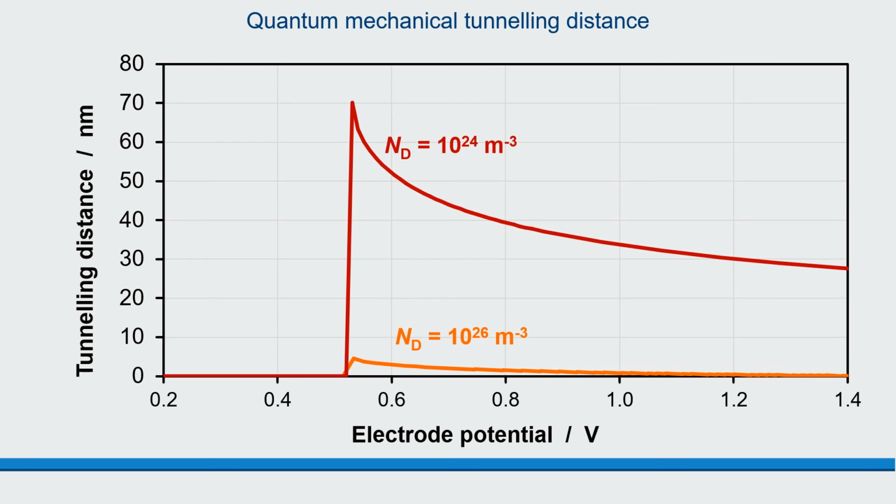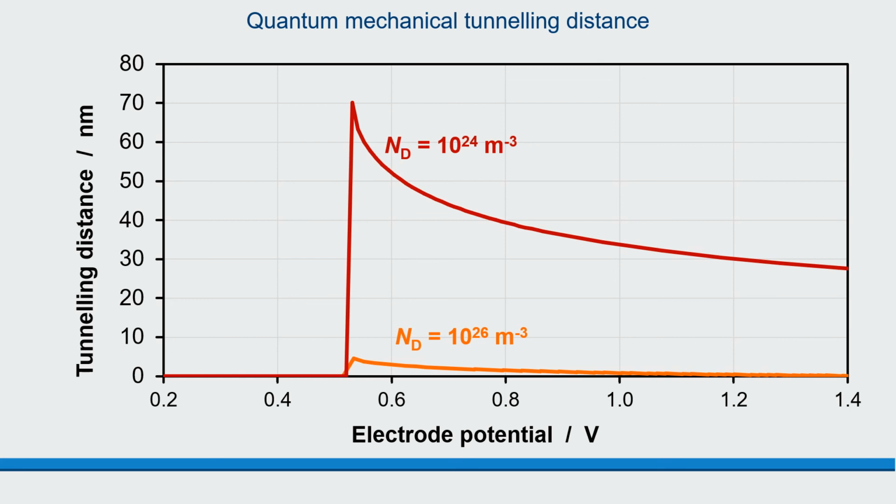We can see that until a certain potential, the tunneling distance is irrelevant, because tunneling is forbidden. This means that the conduction band bulk potential is still lower than the redox potential, and only after the conduction band bulk potential moves past the redox potential does tunneling become possible.